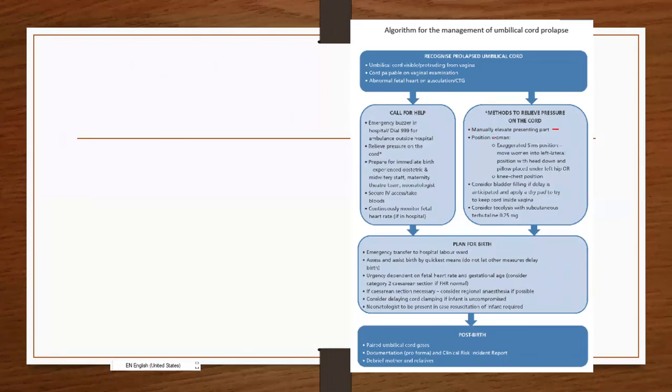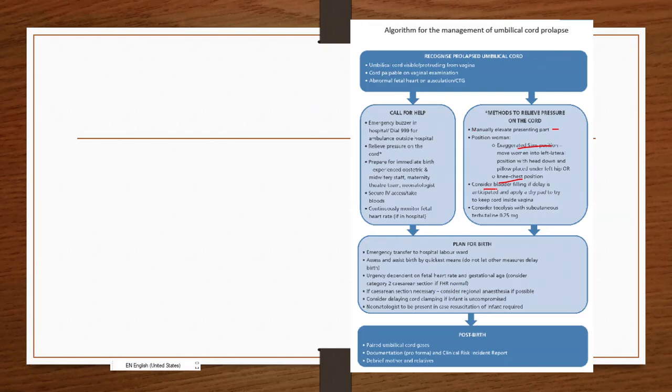The first thing would be positioning the woman. You use the knee chest position, or you can use the exaggerated Sims position, but the commonly used one is the knee chest position. Then you have to fill the bladder. The main principle of cord prolapse management is to prevent the cord getting compressed. So you are going to do everything possible to prevent it from being compressed, and in the meanwhile you are trying to deliver the baby soon.